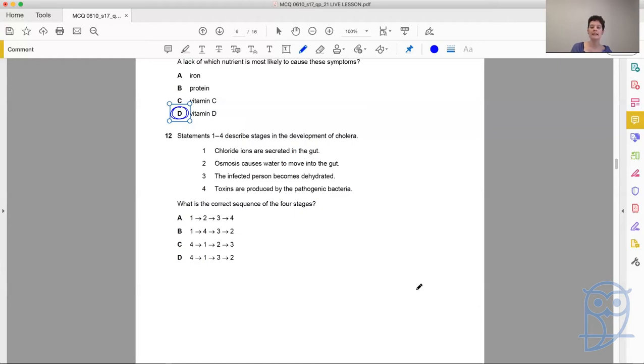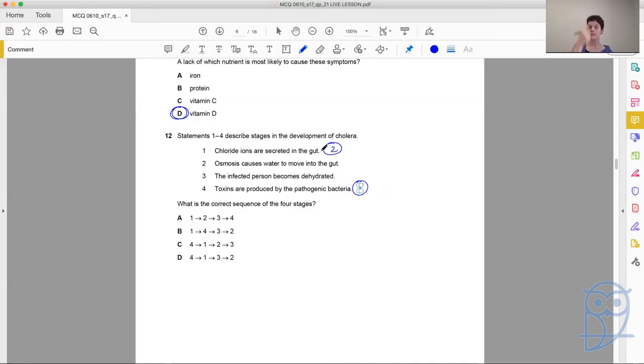So what is it that happens first? So the first thing that's got to happen is that those toxins have to be produced. We're not going to have any symptoms or any response unless those toxins are produced. So there's our 1. What do the toxins cause? Those toxins cause chloride ions to be secreted.